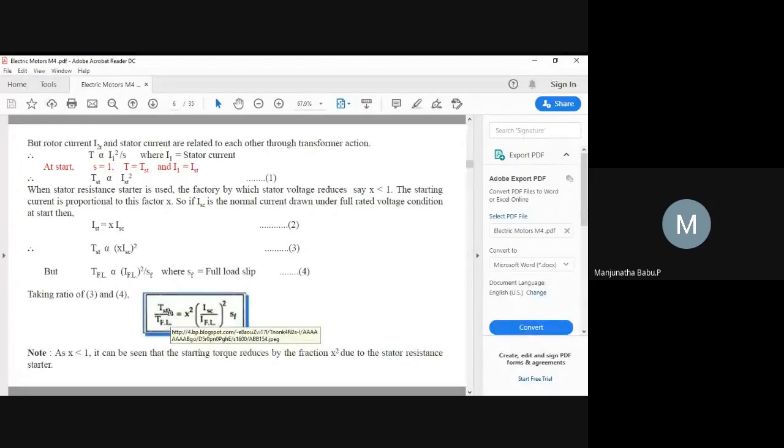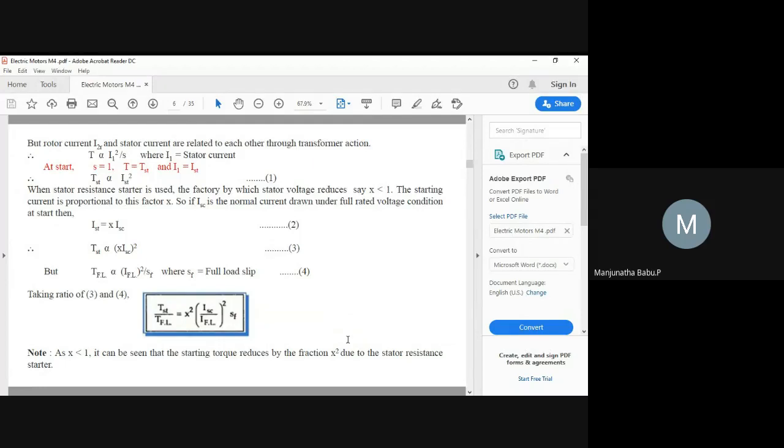The ratio of starting torque to full load torque will be X square, where the voltage reduction comes into consideration, that is the transformation ratio, into (ISC by IFL) whole square into SF. This is your expression for the stator resistance starter.